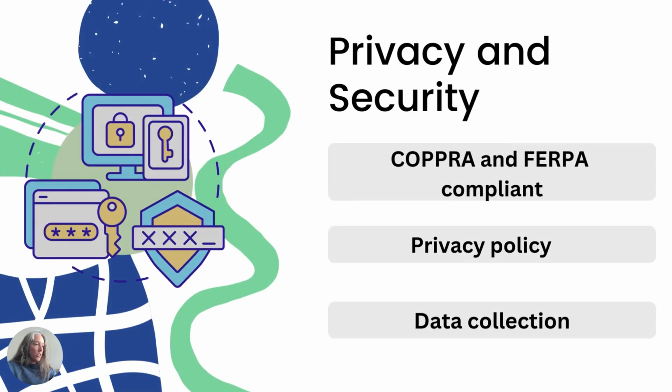As far as privacy and security, on the website, Canva does say that they are COPPA and FERPA compliant. There are some issues with the privacy policy, like they will collect the information that you provide. So if you did write any students' names or use any images, those do become products that Canva can use.